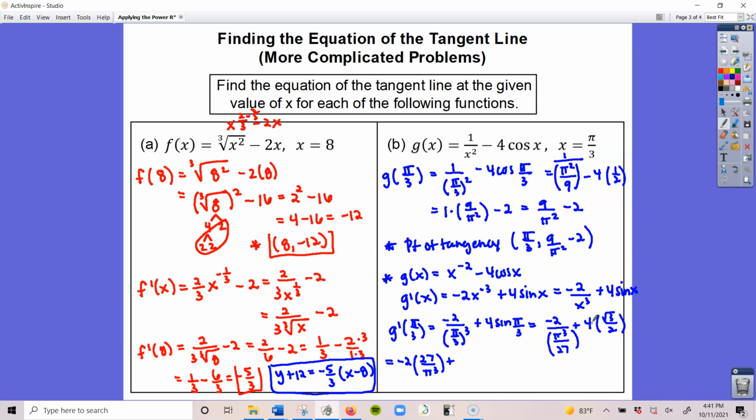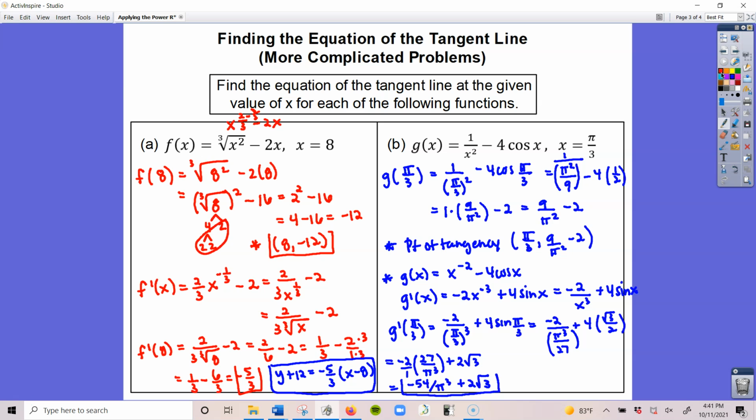Plus, now I can do 4 divided by 2, which is 2, and keep the square root of 3. Again, I can further clean this up. Negative 2 times 27 is equal to negative 54 over pi cubed plus 2 square root of 3. This is my derivative, and I'm not going to try to clean this up anymore. I've done as much as I can.